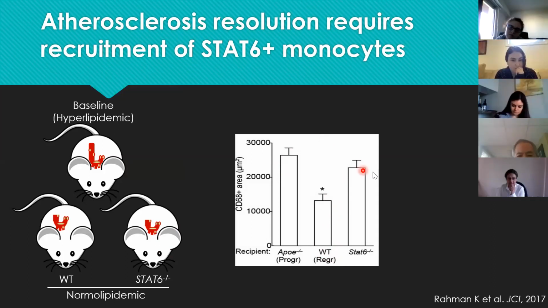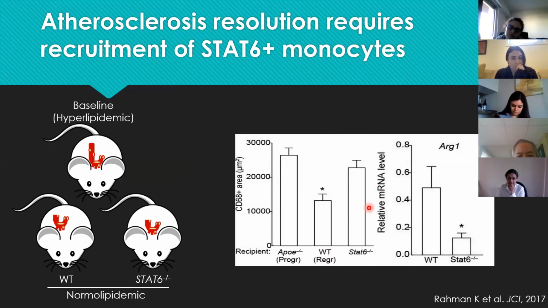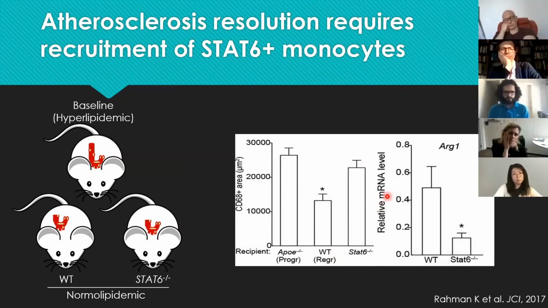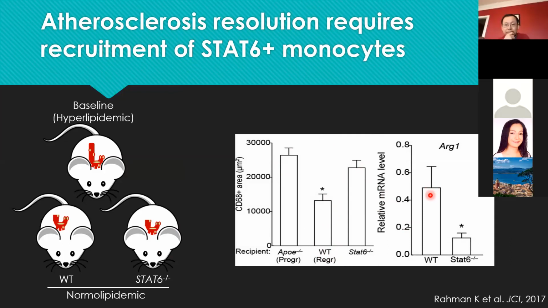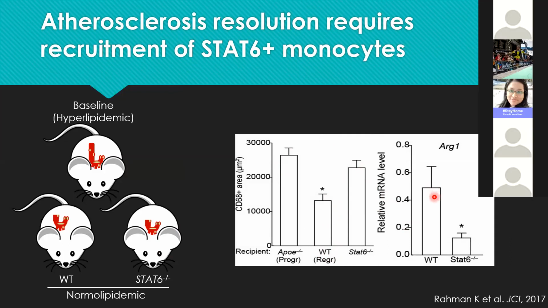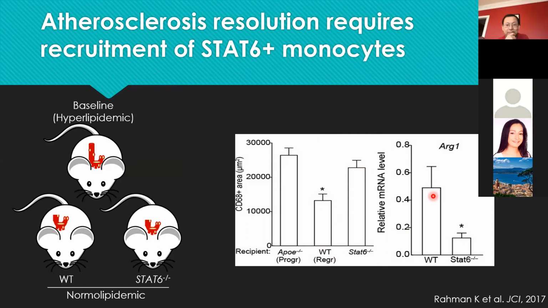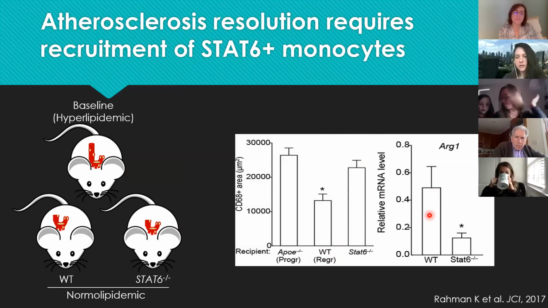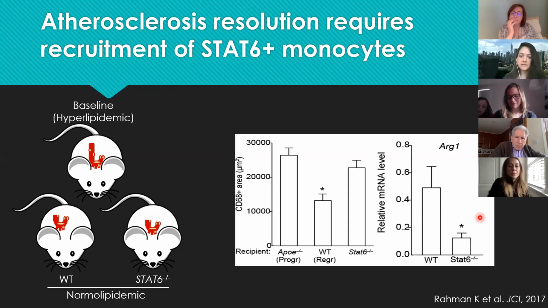And when we look at the flavor of these macrophages, again, the gene expression, done by laser capture microdissection or LCM from aortic plaque macrophages, we saw higher expression of pro-resolving genes such as arginase 1 in the wild type recipients, which was again impaired in the STAT6 knockout animals. So from this, we concluded that STAT6 is required in the cells that are being newly recruited to resolving plaques.